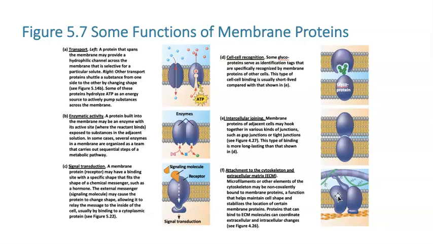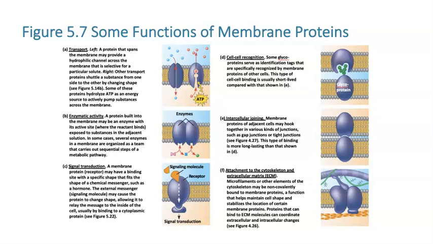Finally, we have those integral proteins here that are attaching to the cytoskeleton inside the cell and the extracellular matrix outside of the cell. So we might see proteins binding to microfilaments.